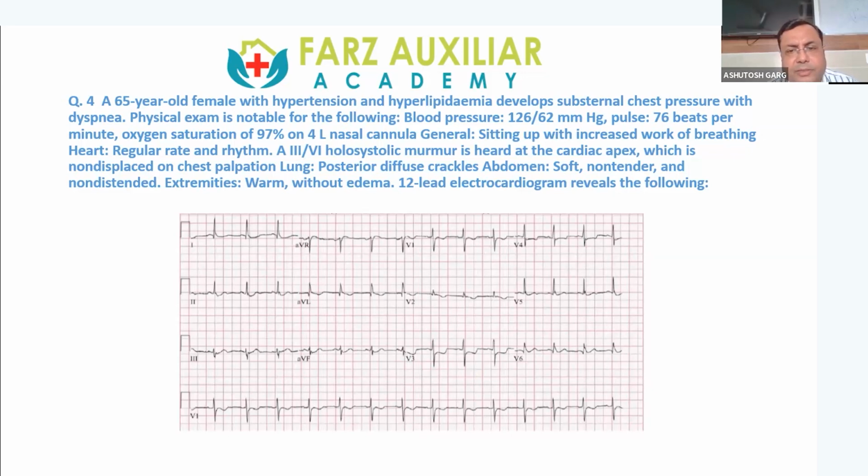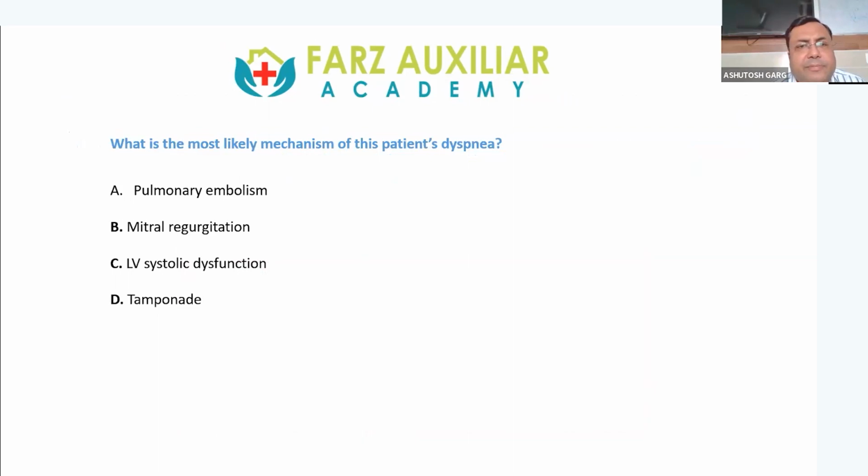ECG is showing this. So, what is the most likely mechanism of the patient's dyspnea? Pulmonary embolism, mitral regurgitation, LV systolic dysfunction, or cardiac tamponade.